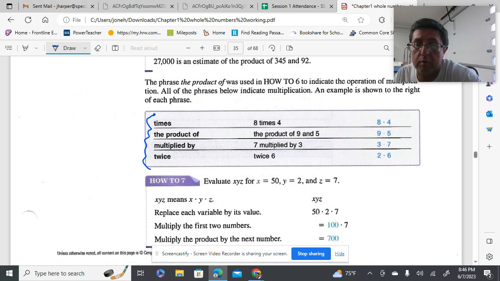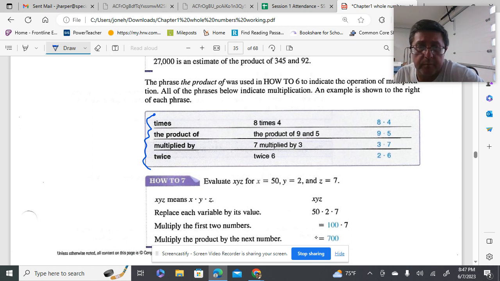So these are all going to let you know that you need to multiply. And I will make you out a sheet of all of these: multiply, divide, add, subtract. Because it's important that you know, because if something says times, you know it's going to be multiplication. So you go 8 times 4. It doesn't ask you to figure it out. It just says 8 times 4, which would be 32 if we were doing it.